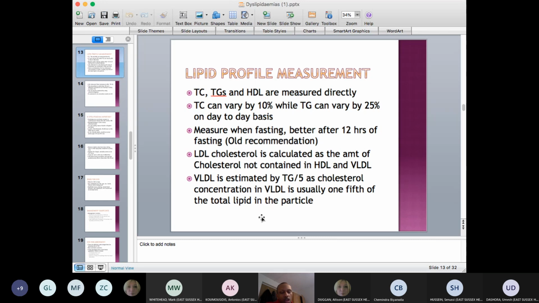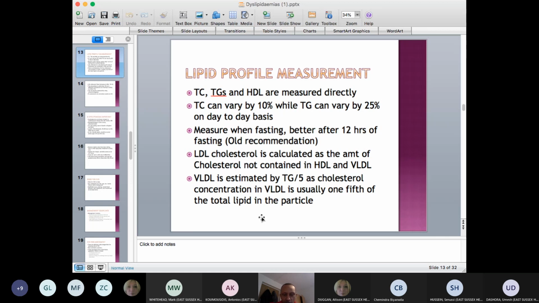So how do we calculate the different types of cholesterol? The LDL cholesterol, of course, that's the bad cholesterol, is calculated as the amount of cholesterol not contained in HDL or very low density lipoprotein. And you're going to ask me what is very low density lipoprotein.